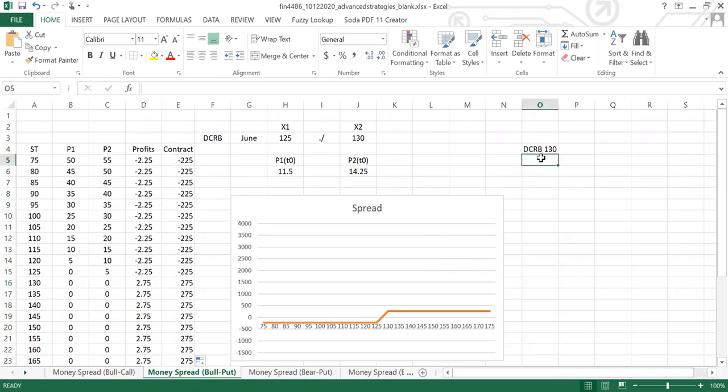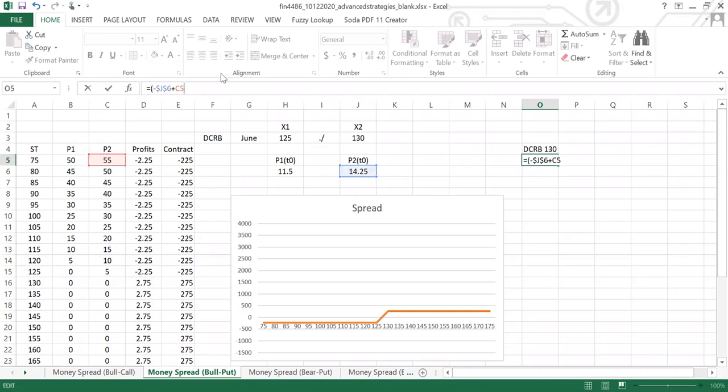Now let's also compare, okay, what happens if we had only invested in the put option with the strike 130, the high strike. So if we had only invested in that put option, then we would have paid that premium. We lock this cell. And because we paid that premium, we would have been entitled to the intrinsic value of this option.